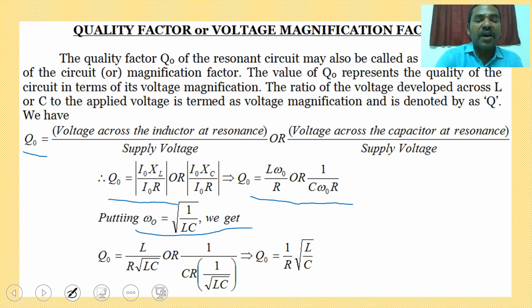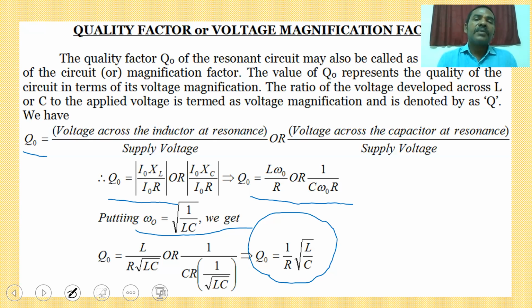So finally, from both equations, you can get the Q0 value as 1 by R root of L by C. This is the quality factor we get for voltage magnification across the resistor, inductor and capacitor for a given V volts AC supply connected to your RLC series circuit.